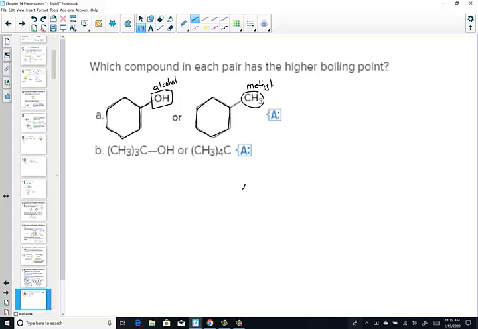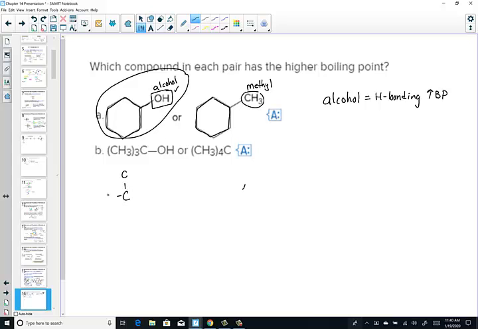Which would have the higher boiling point? Well, you got it, the more exciting functional group. The alcohol has the higher boiling point. I'm going to just circle this one, because it exhibits hydrogen bonding and therefore will have an increased boiling point. Takes more energy to break apart, to disrupt those hydrogen bonds. More energy to separate the molecules means a higher boiling point.